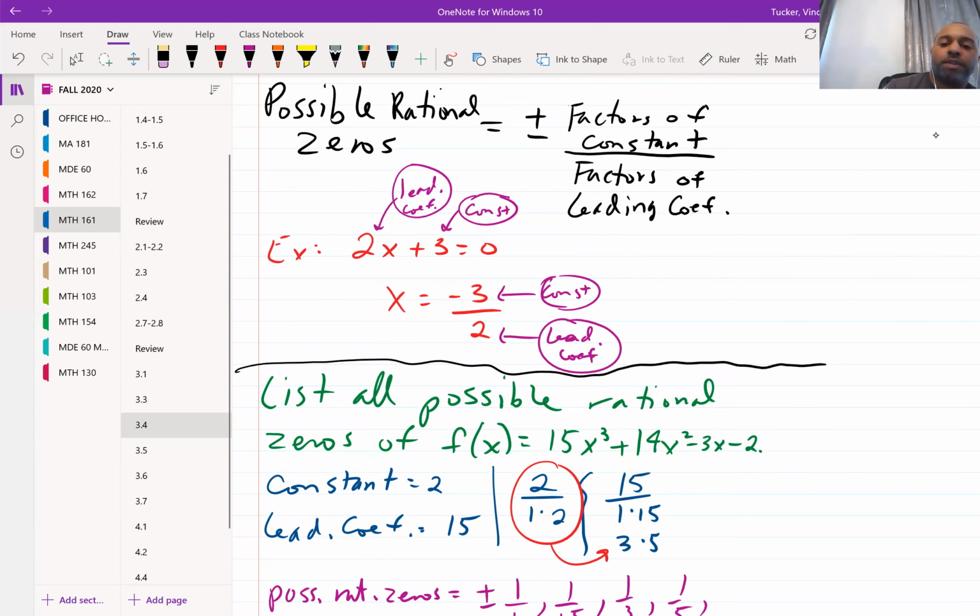Our leading coefficient is the 15. And so that's what I wrote right here. Constant is 2, leading coefficient is 15. Our factors of 2 is just 1 times 2. Factors of 15: 1 times 15, 3 times 5.